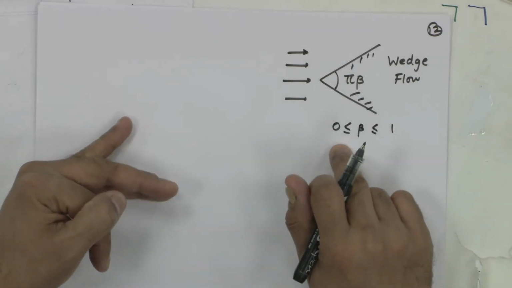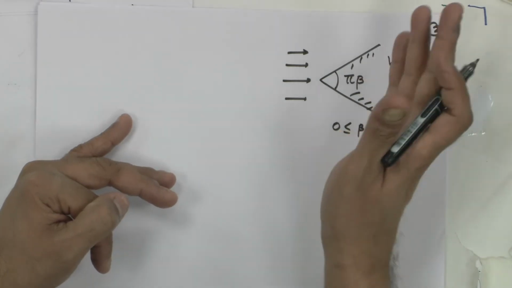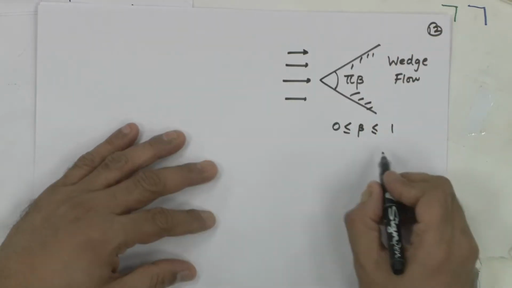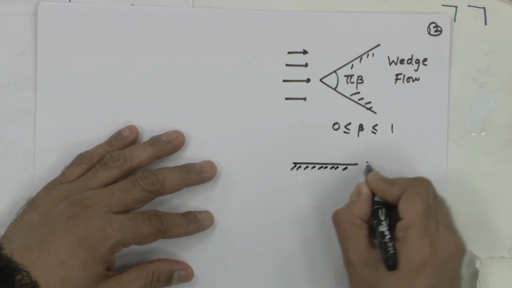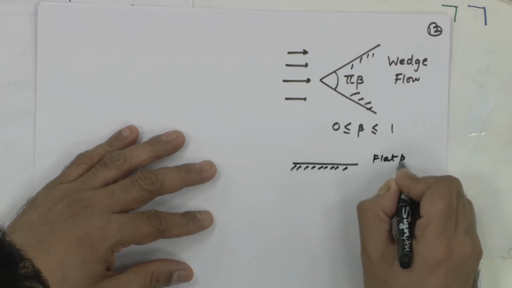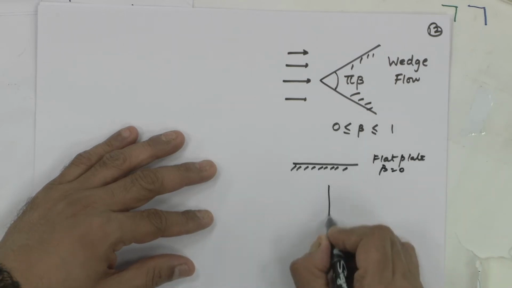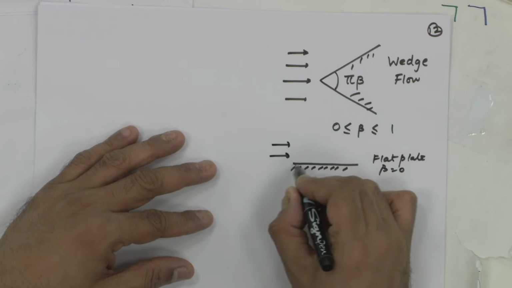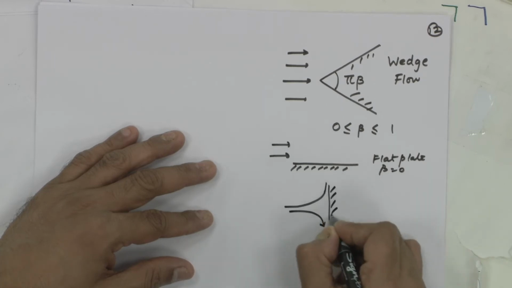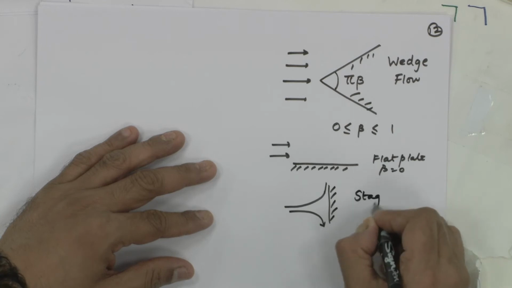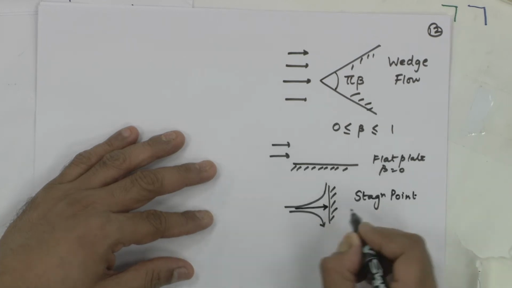When beta equal to 0, you would get a flat plate. When beta equal to 1, this angle would be pi, you would get what is called stagnation point flow, where the jet comes and hits here.